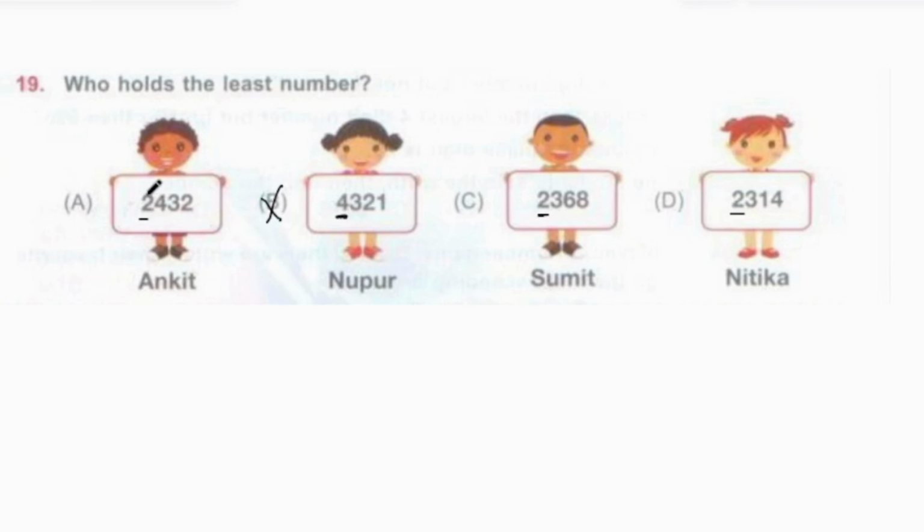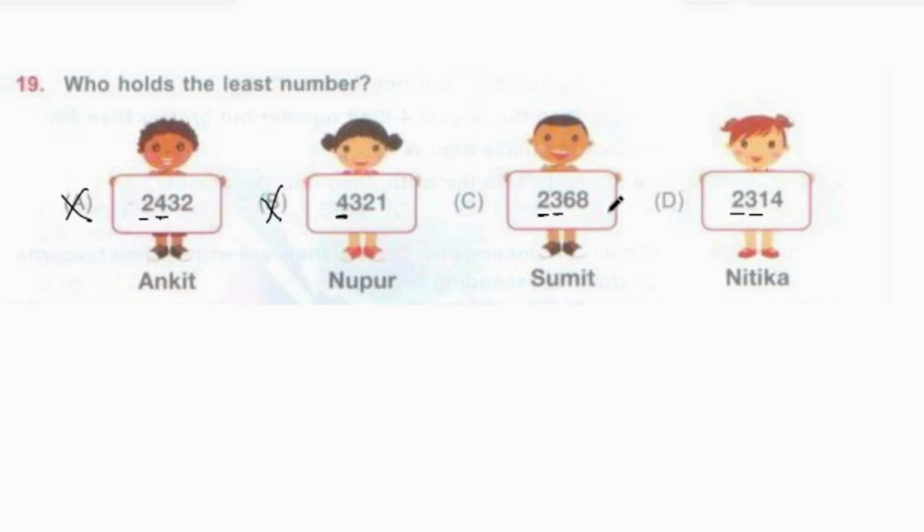Now we will go from thousands place to the hundreds place. In the hundreds place, Ankit has 4, but Sumit has 3 and Nitika has 3. So since 4 is greater than 3, we will eliminate Ankit and now concentrate only on Sumit and Nitika. Both have 3 in the hundreds place.